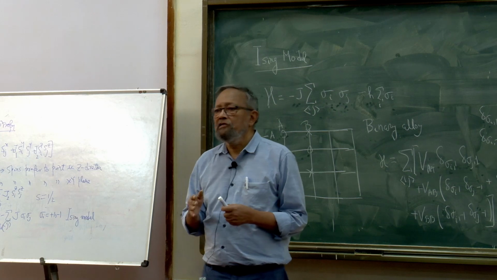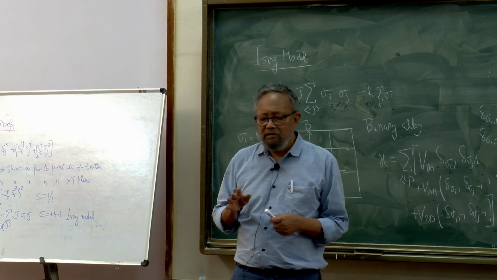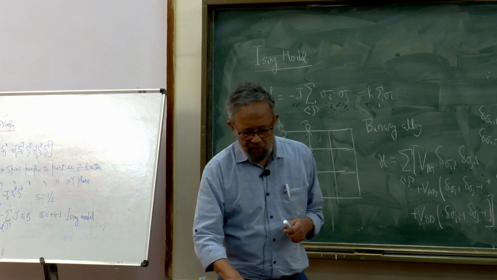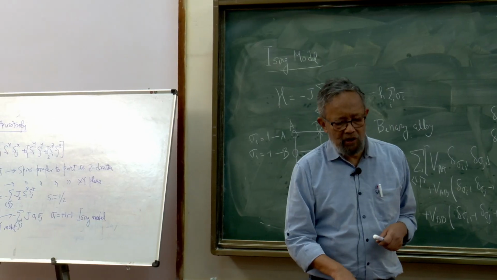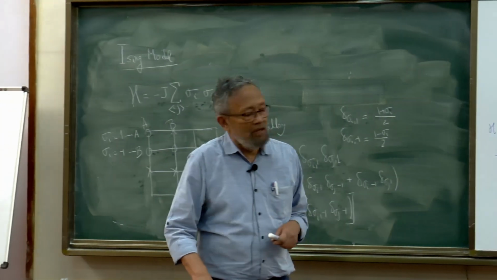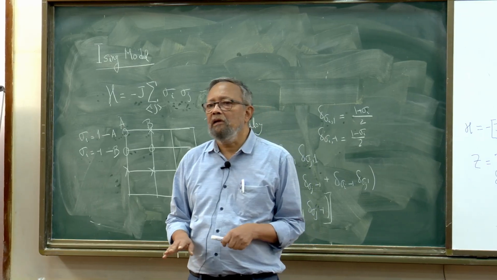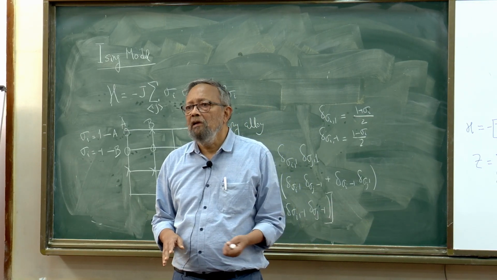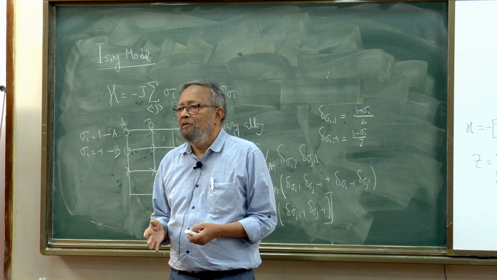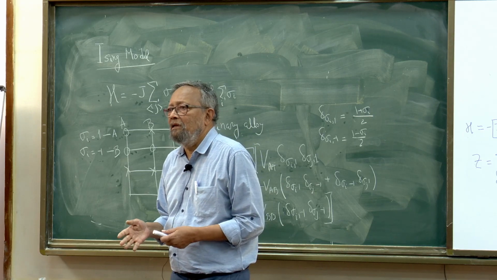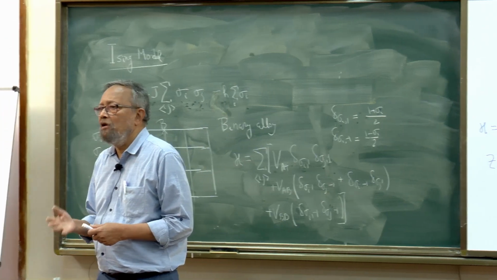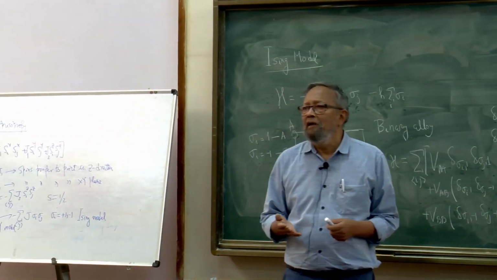One can calculate the singular behavior explicitly. So that's a very important result. But the point is, in 2 dimensions the same model has a phase transition, while in 1 dimension we find from this calculation that there is no phase transition. So one has to understand why in 2D there is a phase transition and in 1D no phase transition.